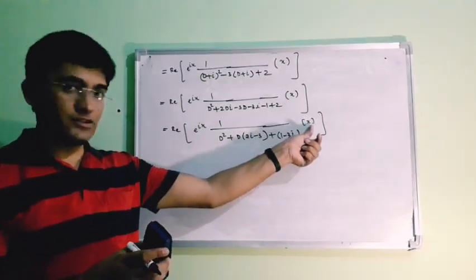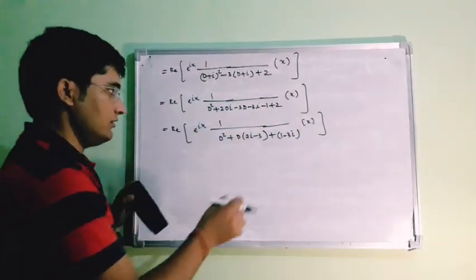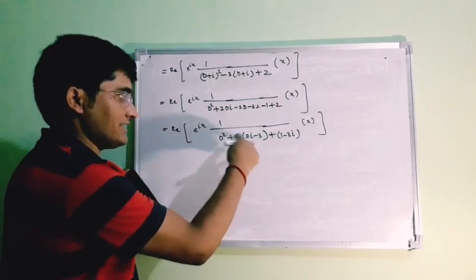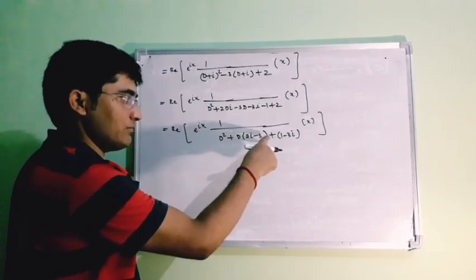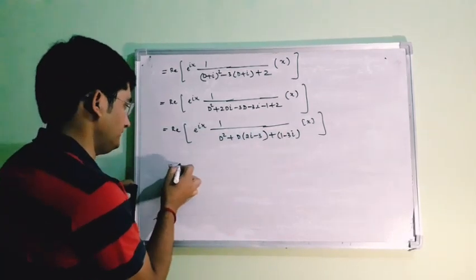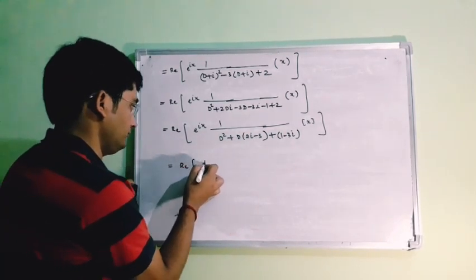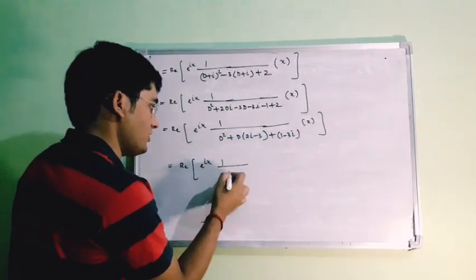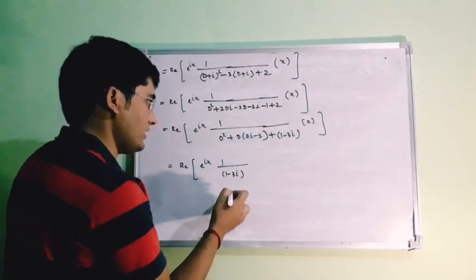As we have x in the bracket, we will make this term in algebraic form. We will use the binomial expansion, and for that let us take this term common. So if we take this term common, then we will have 1 minus 3i.